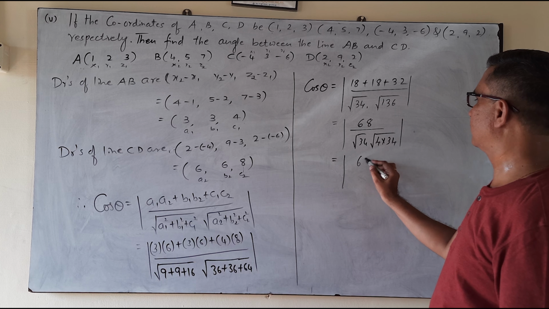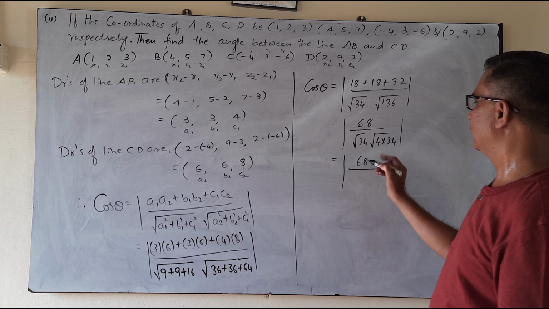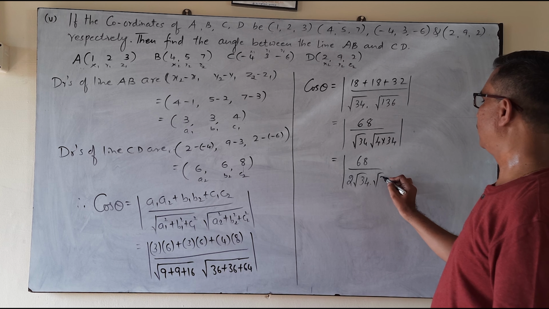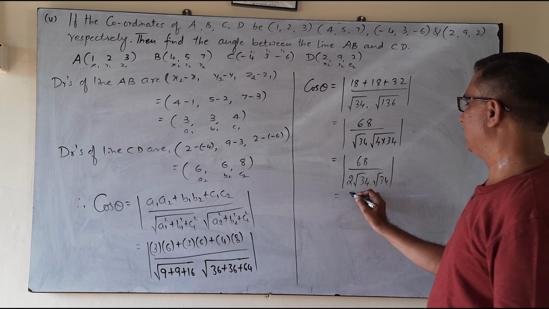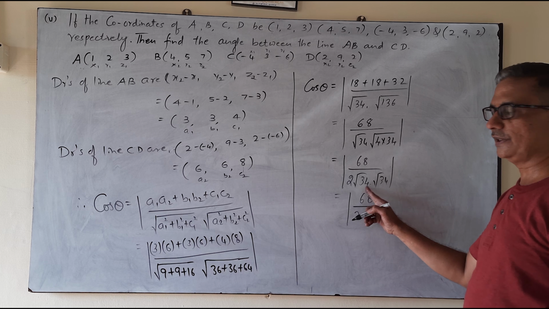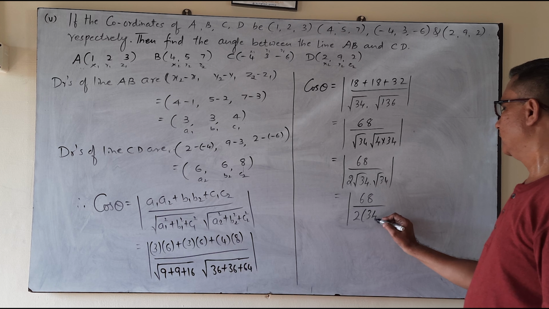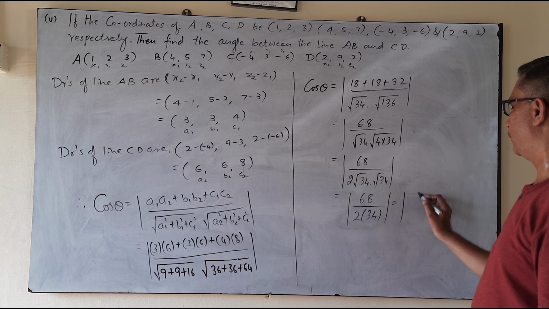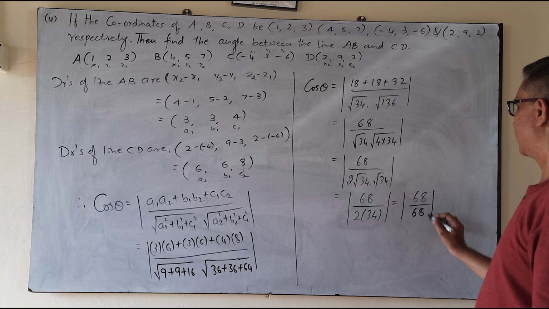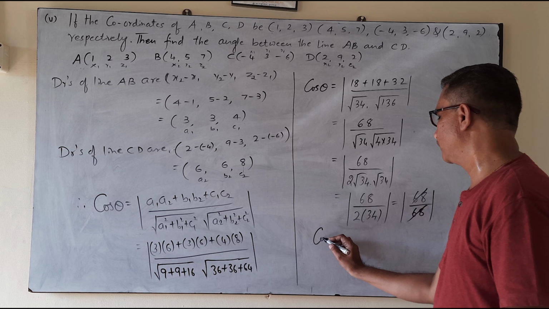That equals 68 divided by square root of 4 is 2, into root 34 into root 34. That is modulus of 68 divided by 2 root 34 into root 34, value 34. That is modulus of 68 divided by 34 into 2, 68. Both the terms get cancelled. What do we get?